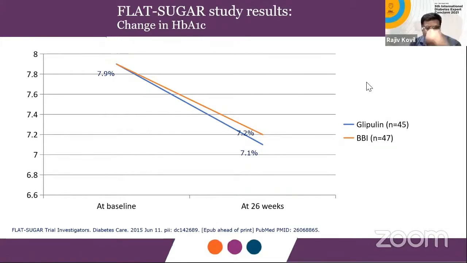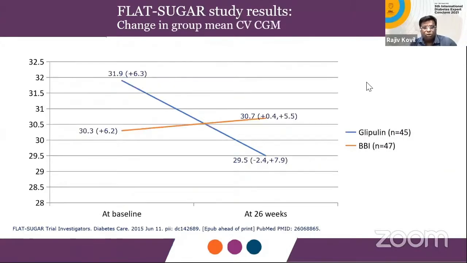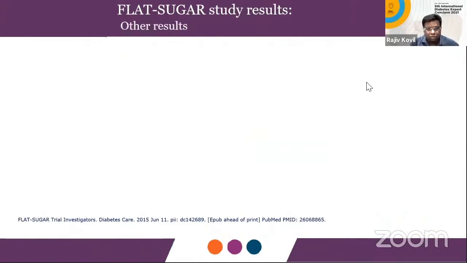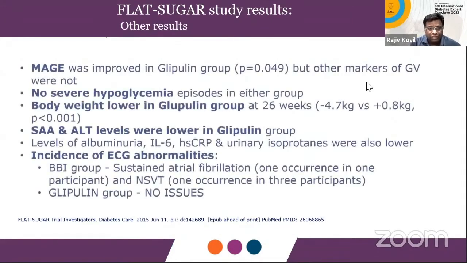As you can see, at the end of 26 weeks, you had similar HbA1c reduction, but the coefficient of variation in CGM was much different, where the basal bolus insulin had a large coefficient of variability as compared to basal insulin plus GLP-1. So what it showed is that MAGE was improved. Glipulin is basically patients on basal insulin plus GLP-1.